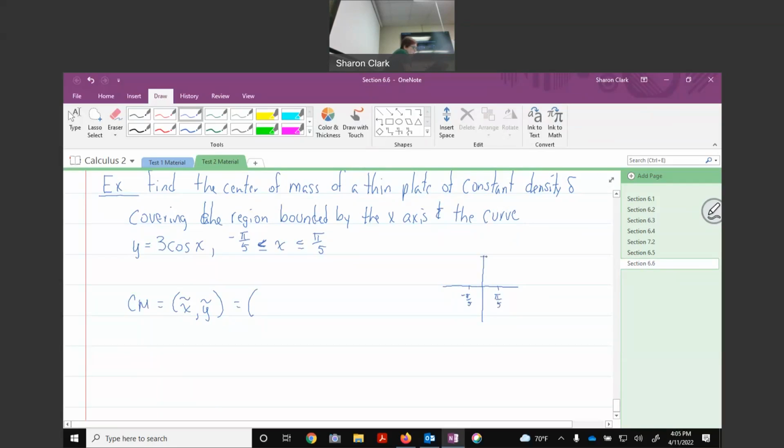This is up to 3. This is symmetrical about the y-axis.